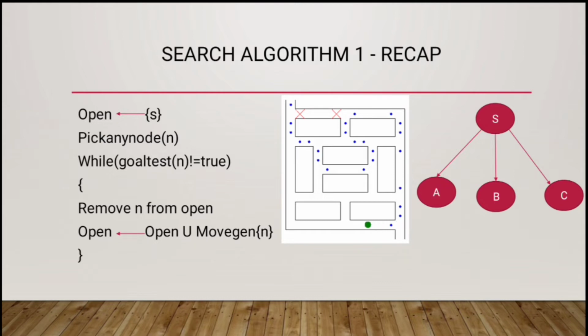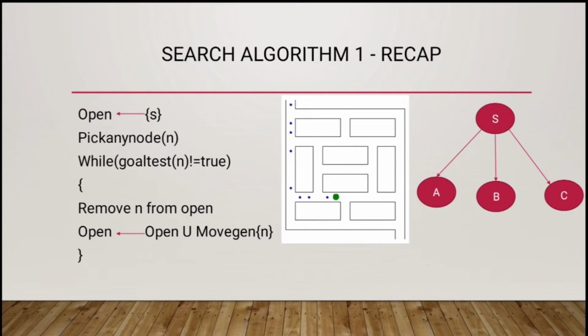So we are about to take a topic which is problem solving. There we went into searching to solve the problem. So in searching we saw this first algorithm. What this algorithm is initially doing is taking an open list, and from the open list it is picking any node and testing for the goal.